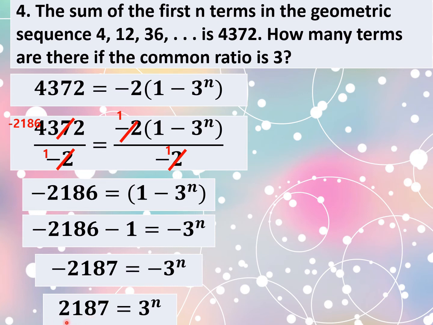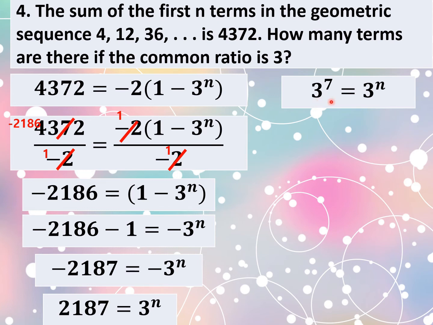So, para mangyari yun, kailangan natin i-multiply yung 3 sa sarili niya para ma-solve natin ang 2,187. So, ilang 3 nga ba ang pwede natin i-multiply? That will be equal to 7. So, 7 times natin i-multiply yung 3 sa sarili niya para ma-solve natin yung 2,187.